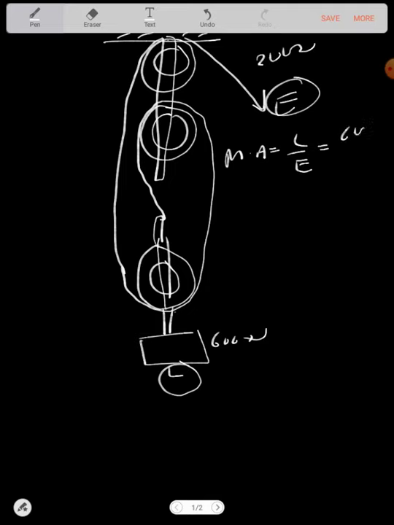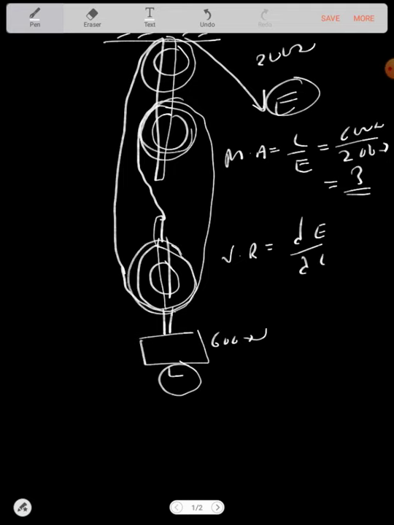This will be 600 newtons over 200 newtons, which gives me 3 as the mechanical advantage. The velocity ratio, we know, is distance moved by the effort over distance moved by the load, or you can count the number of pulleys. In this case we have 3, the same as the mechanical advantage.